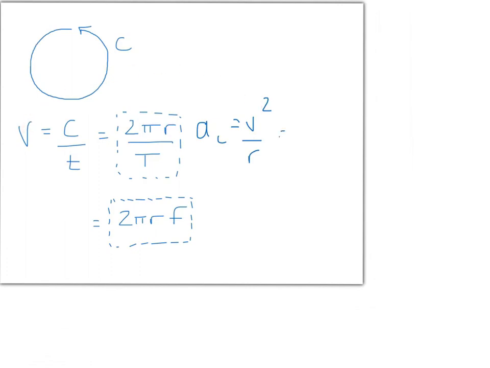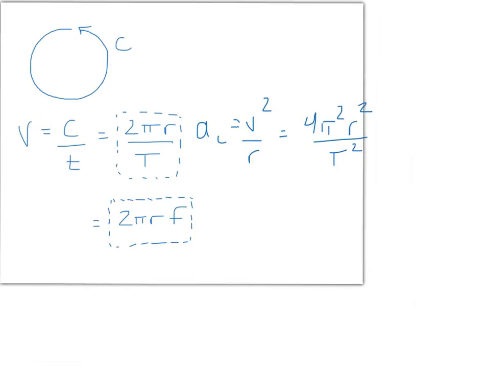So that would be 4 pi squared r squared, right? Because you square the 2, you square the pi, and you square the r. All that over t squared, right? Because the t in the denominator gets squared.